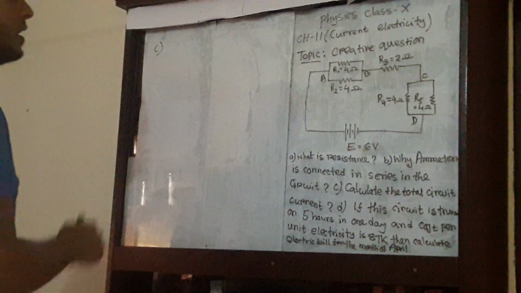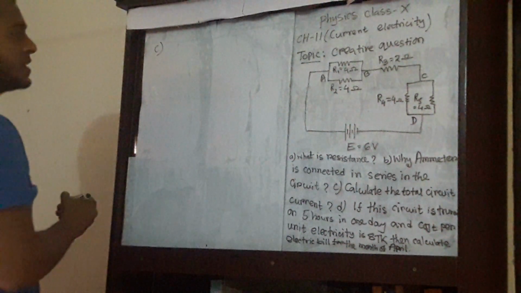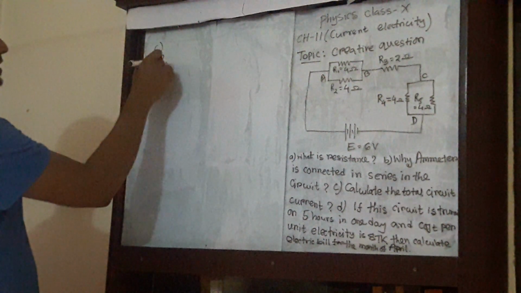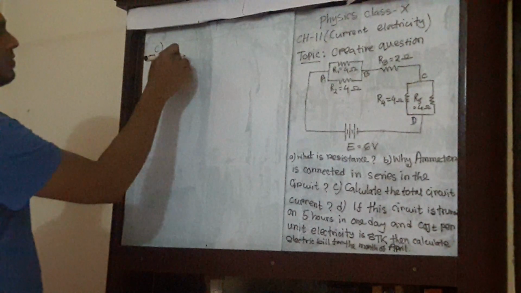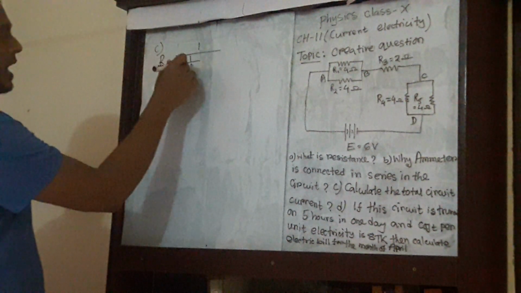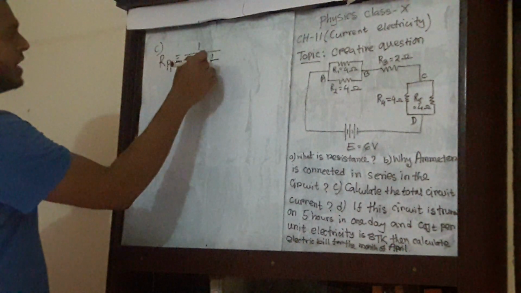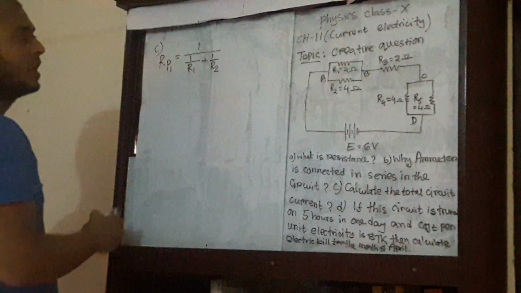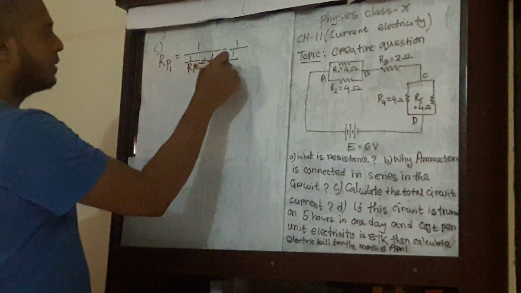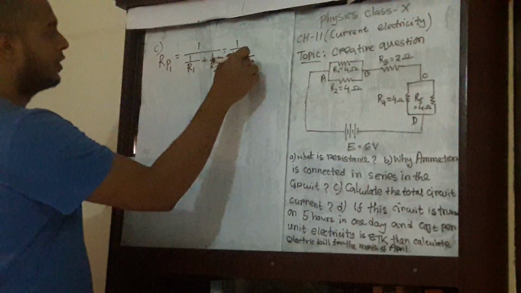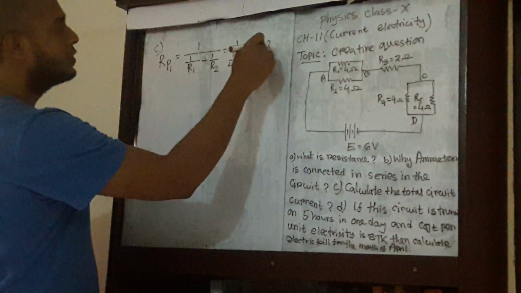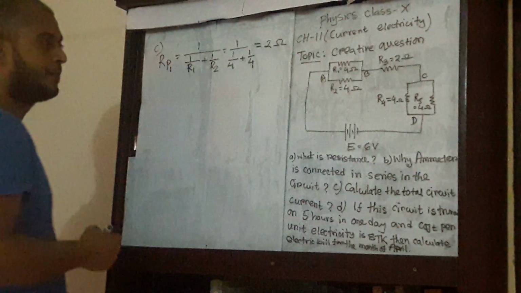So the equivalent resistance of R1 and R2, RP1, will equal 1 divided by (1 by R1 plus 1 by R2). If I put the values of R1 and R2, 1 by 4 plus 1 by 4, after calculation the equivalent resistance becomes 2 ohm.